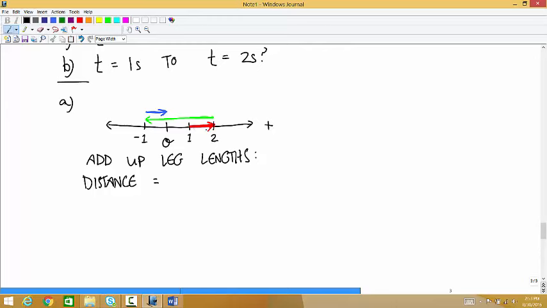That stretch has a length of 1. From 2 to negative 1, what's the length of that green arrow? 3. And then what's the length of the blue arrow? 1. And so the total distance traveled is 5 meters.